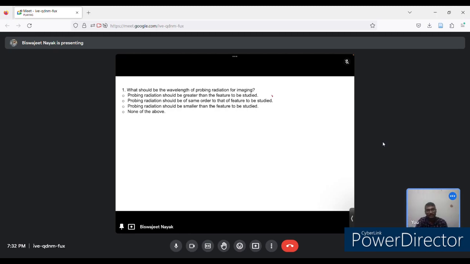What this question means is, whatever material is given, what type of light should we be using? It should be of the same order as the feature to be studied.